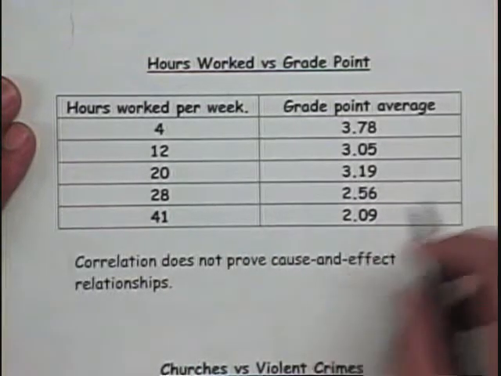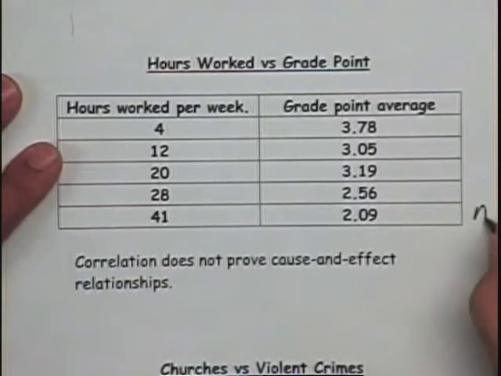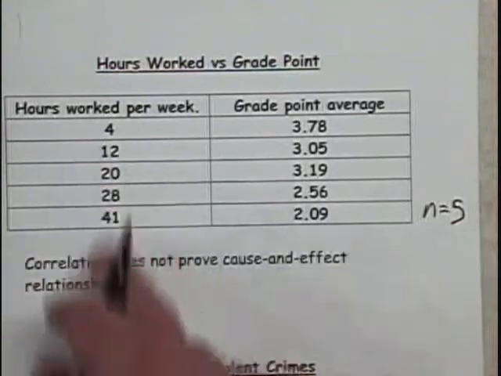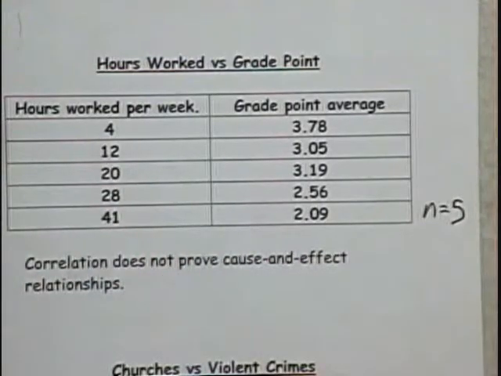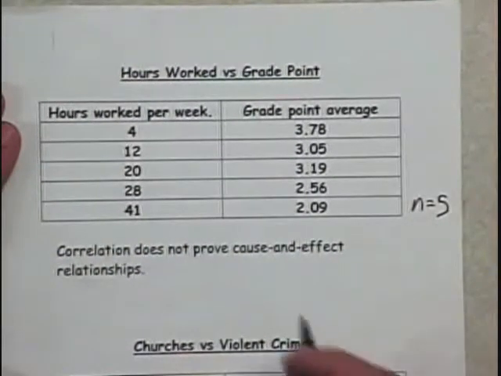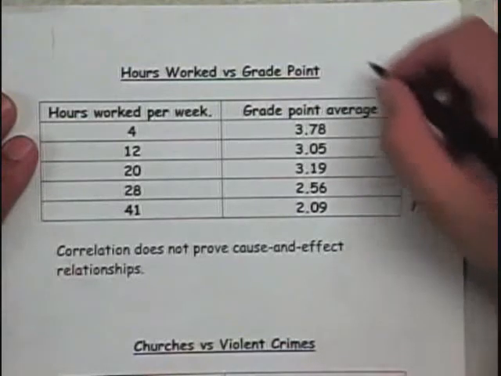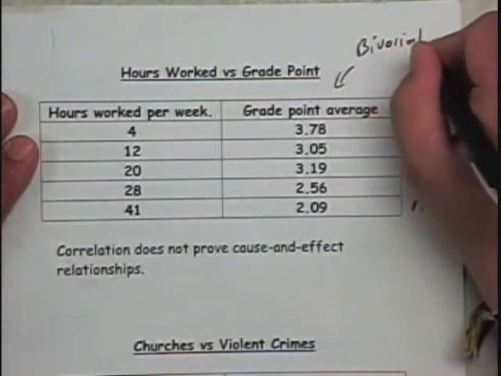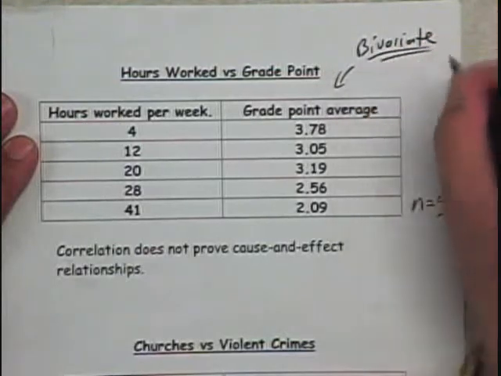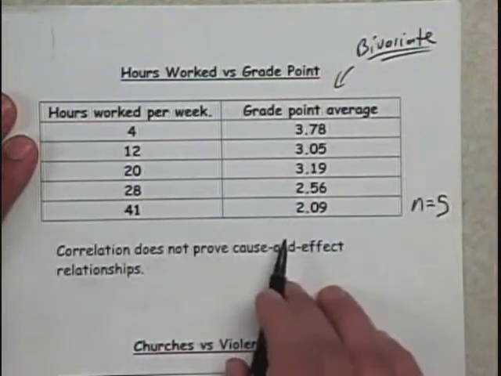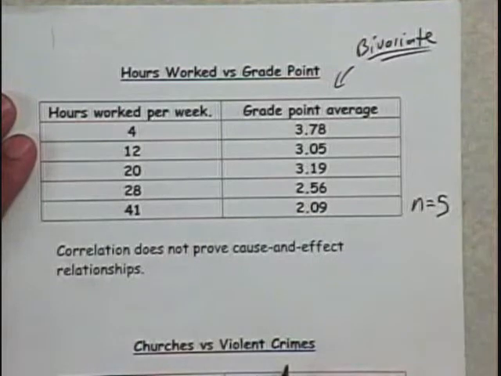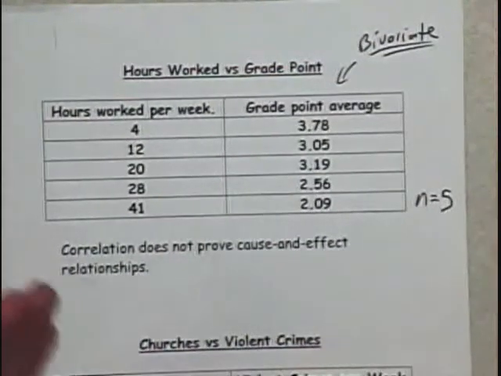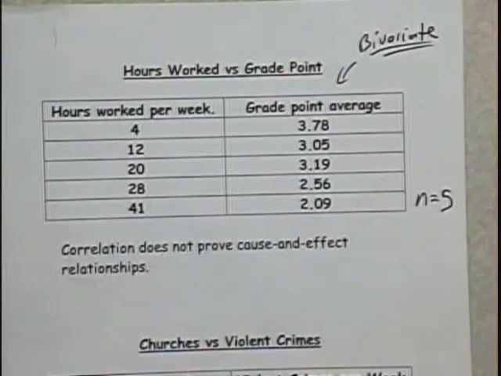My sample has only 5 college students, but I'm collecting 2 observations from each one. This is called bivariate data, because you're looking at two variables for each observation in your sample. And you want to see, is there a relationship between these two variables?